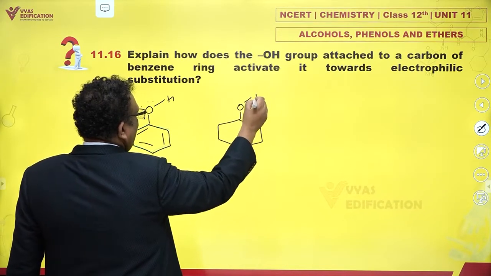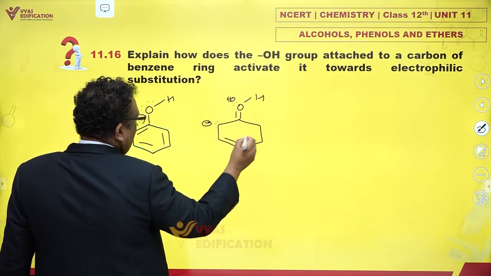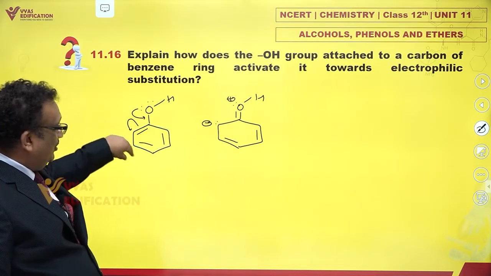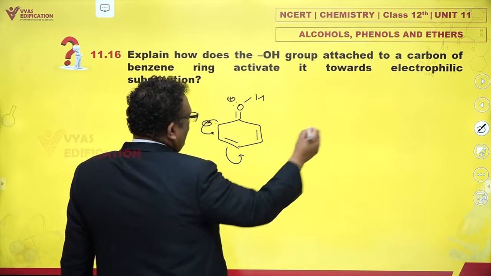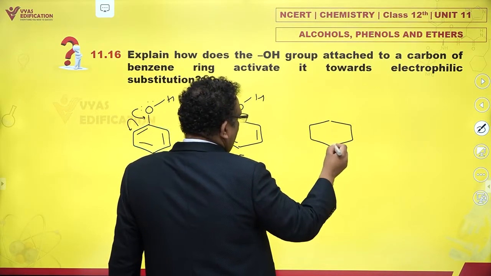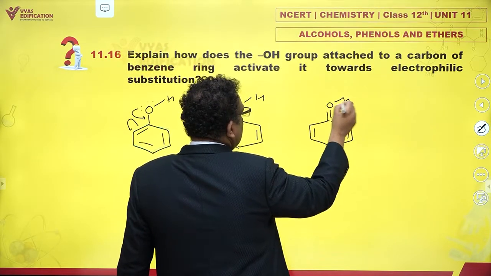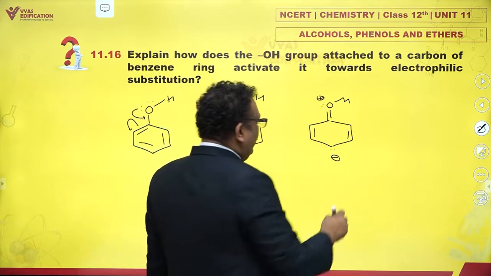You could beautifully and nicely make these structures. You can say that the lone pair on the oxygen atom has actually come down into the ring, and it is going all around. Actually, it is not going all around. It is going to the ortho and para positions only. But it is going within the benzene ring.